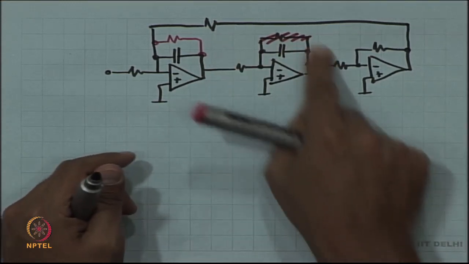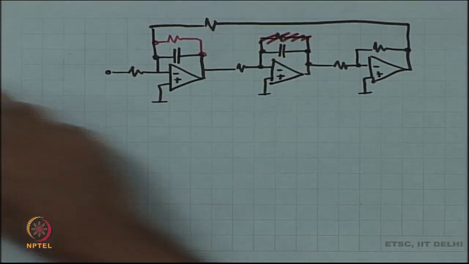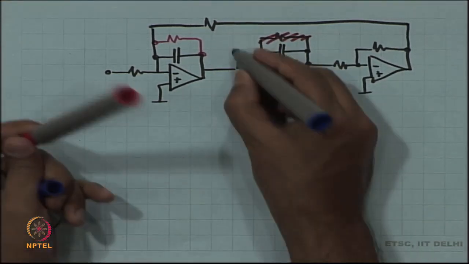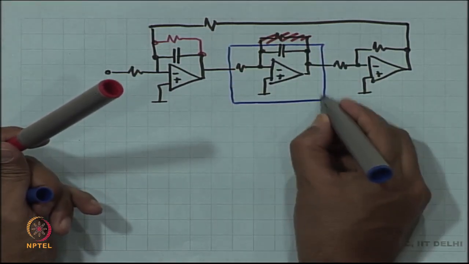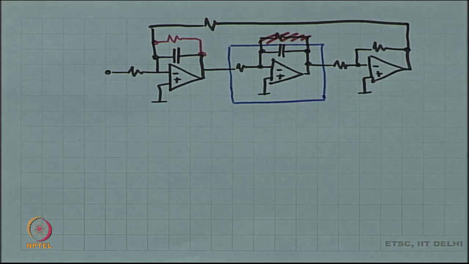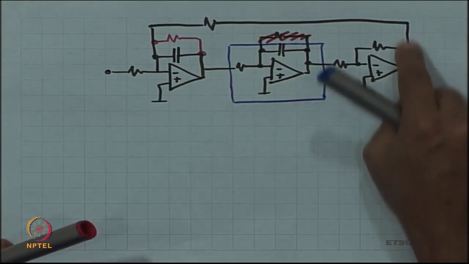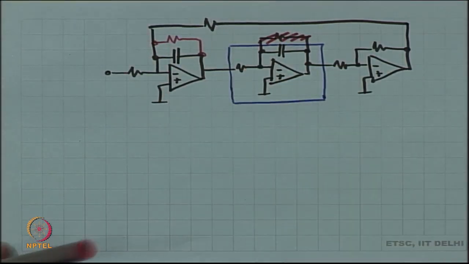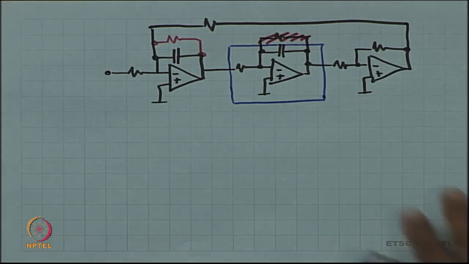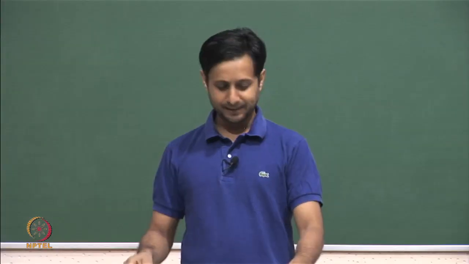So, this is an integrator by itself. This circuit by itself is an integrator. Standalone it is not going to work, but when it is part of this bigger circuit it is going to work. Why is it going to work? Because hopefully there is negative feedback at DC, and that is going to establish the DC operating point. So, let us see. Okay. Let us do an example.